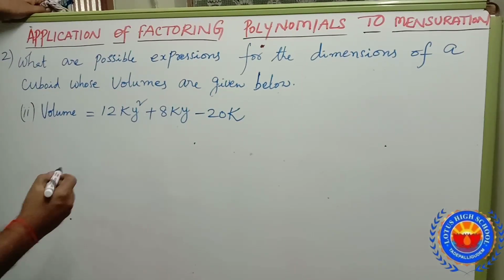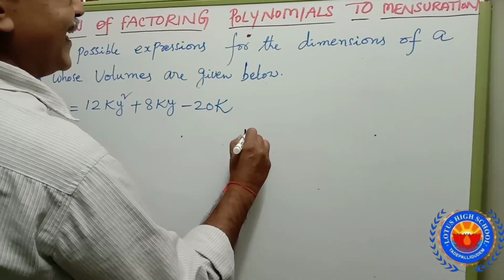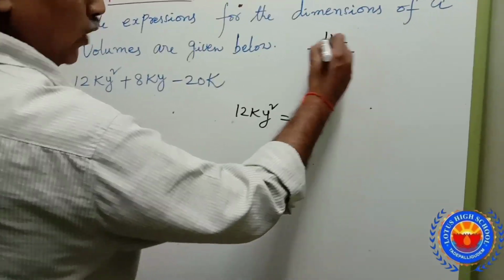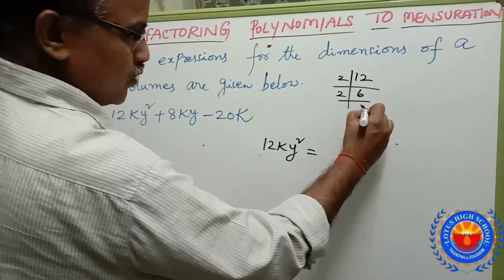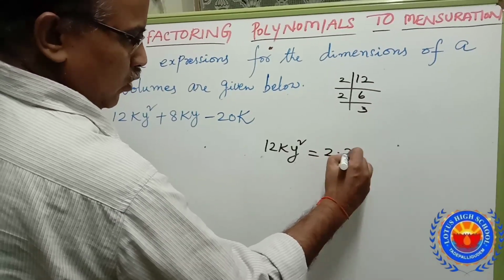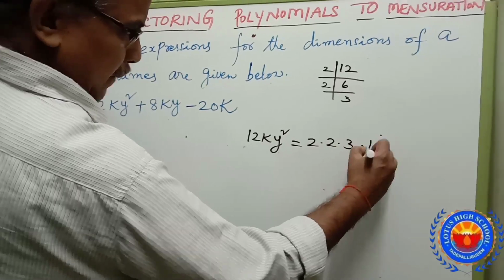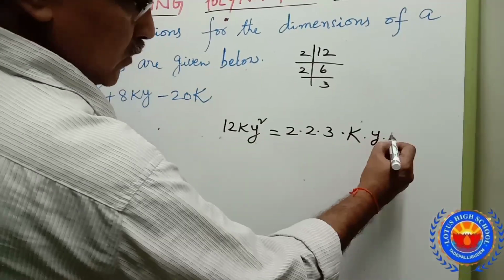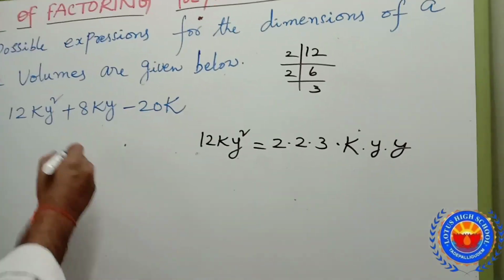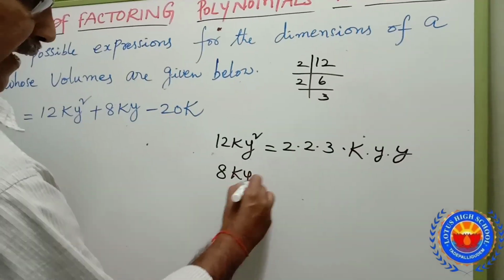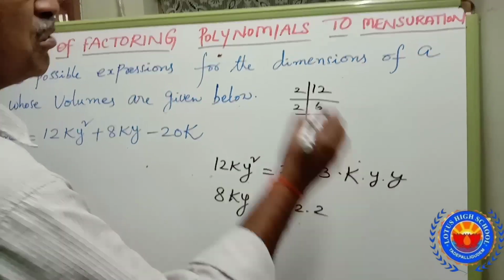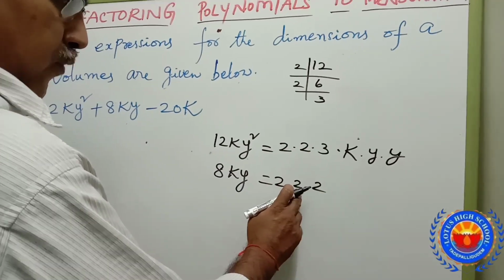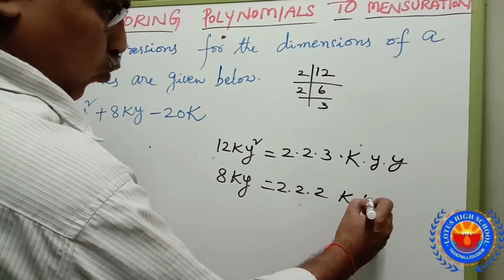Now I am doing the factorization. First, 12ky²: 12 is 2 times 6, 2 times 3 times 3 — 3 twos are 6, 6 twos are 12. So 2 into 3 into k into y into y. Now the next one, 8ky. 8 is 2 into 2 into 2, 2 twos are 4, 4 twos are 8, and k into y.